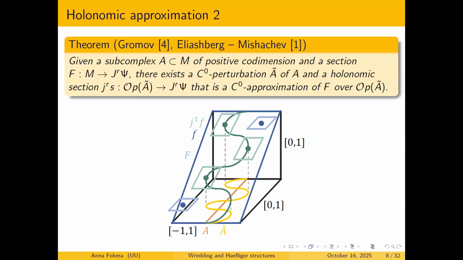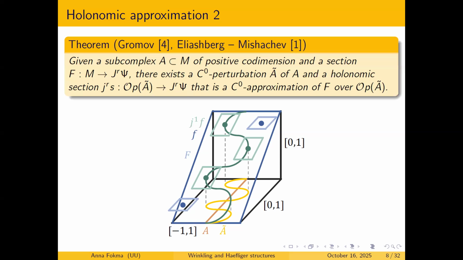Instead, you take a lot of turns so that you have a slope of whatever you like, epsilon. And that is also what this greenish holonomic section does. So it takes a lot of turns, but it does have slope epsilon, and hence it approximates the formal section, but not over this unit interval A, but instead over a wiggled version. Yeah, I hope that's somewhat clear.